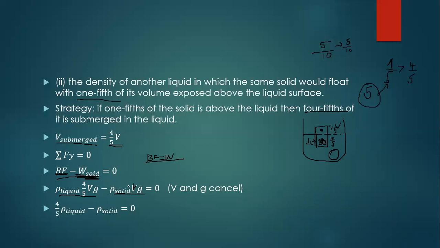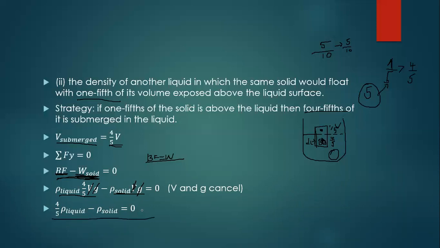We are saying the whole volume of the solid multiplied by 9.8, and according to this equation, this is supposed to give us 0. And this is why we have 0. But again, we can simply cancel gravity here and there. Even this V, we can cancel it out because it's appearing throughout the equation. What will remain is this equation.